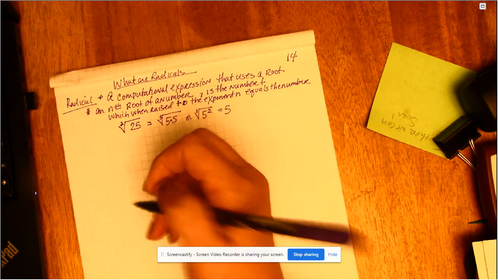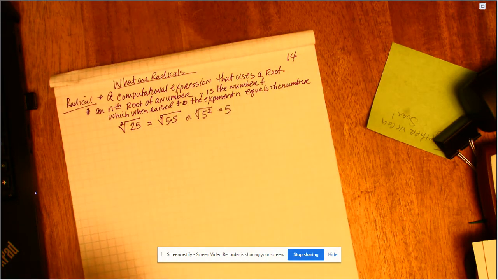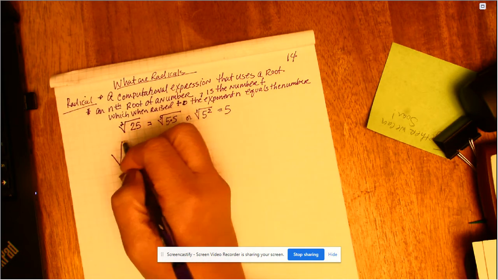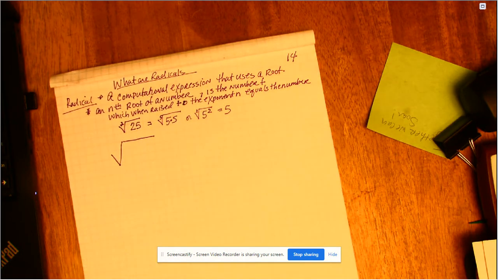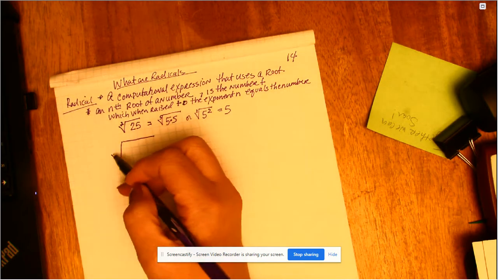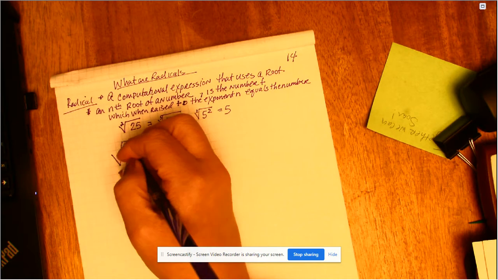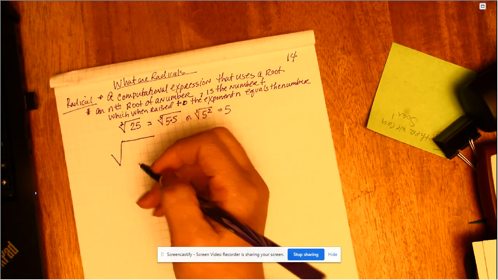So first off, what does a radical look like, right? A radical is put under a radical sign. Your radical sign typically looks like that. It may just be a check mark. You may not see the top part of it, depending on the computer system that we're in.